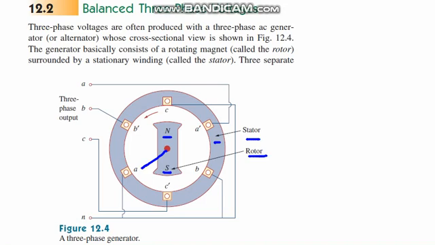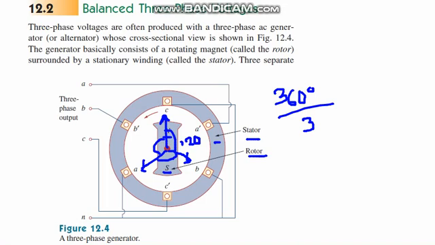Each angle is 120 degrees apart. There is A, there is B, there is C. Three phases, 120 degrees apart. If we divide 360 degrees by 3, we get 120 degrees, so they are 120 degrees apart from each other.